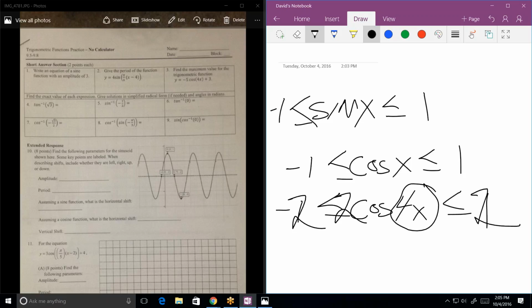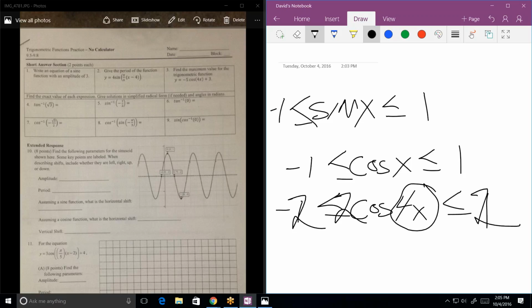So you have to be a little clever about these in realizing what you're looking for in order to answer these. But always remember that when you're dealing with trig, sine and cosine fluctuate between -1 and 1. It's one of the most important concepts you can remember.